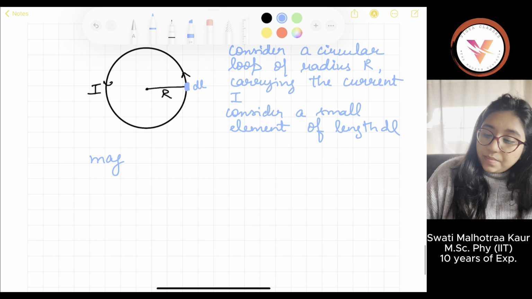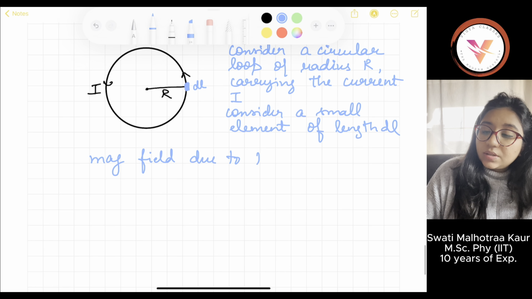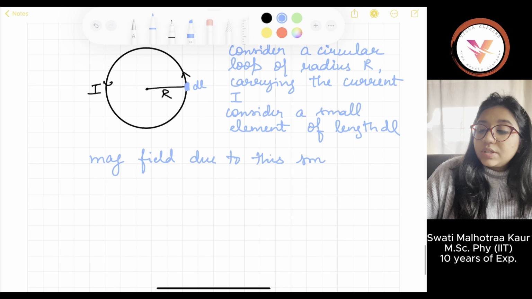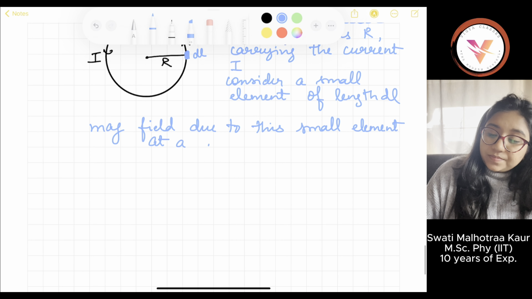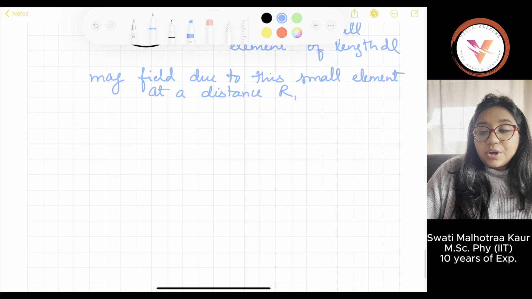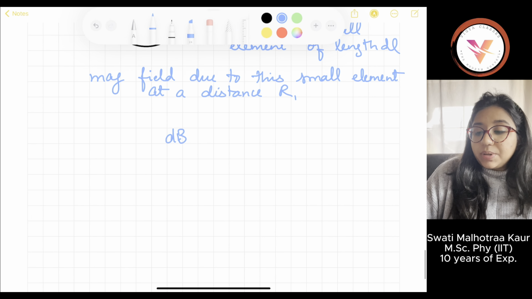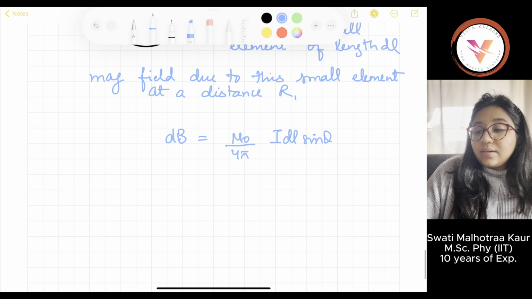So the magnetic field due to this small element at a distance capital R is dB equals mu naught upon 4 pi, I dl sin theta over capital R square.